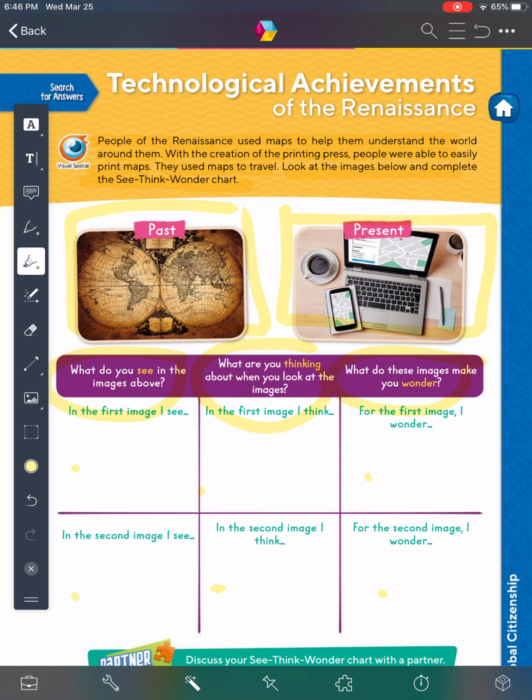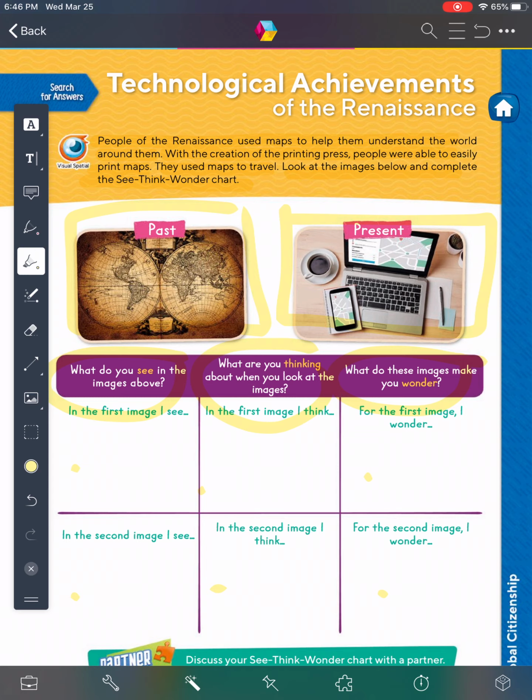Okay? What's the difference in this chart? When we ask you, what do you see? We are talking about nothing subjective.